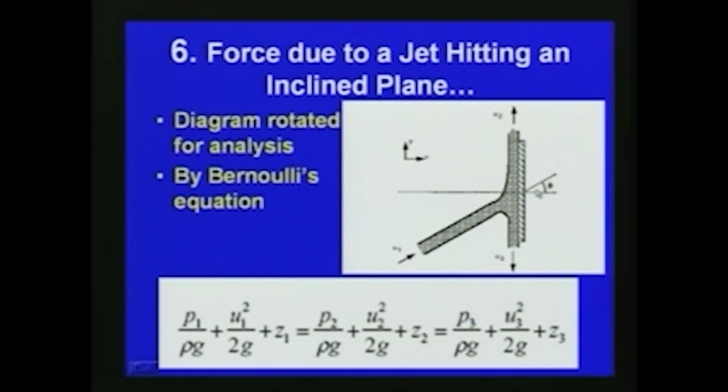Now we can see this is angle theta, and the jet velocity is u1. Here x is in the horizontal and y is in the vertical direction, u3 is the velocity downward, and u2 is the velocity upward.